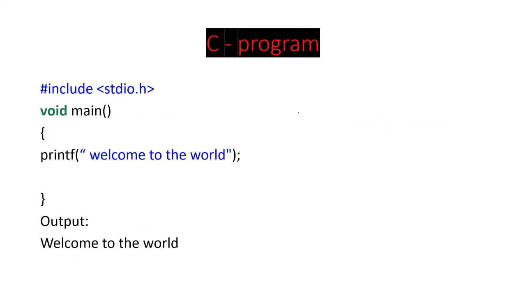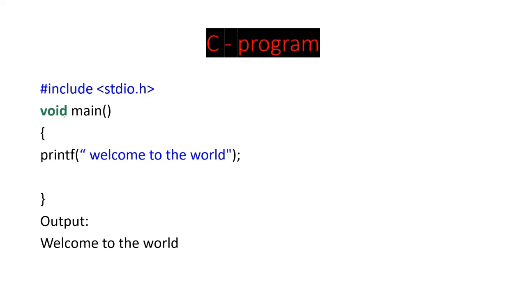Next, coming to the C program. This is the structure of C programming. Let's discuss: hash include stdio.h, void main, curly braces, printf welcome to the world, output: welcome to the world. Here hash include stdio.h means this is the header file, whereas std stands for standard, i means input and o means output.